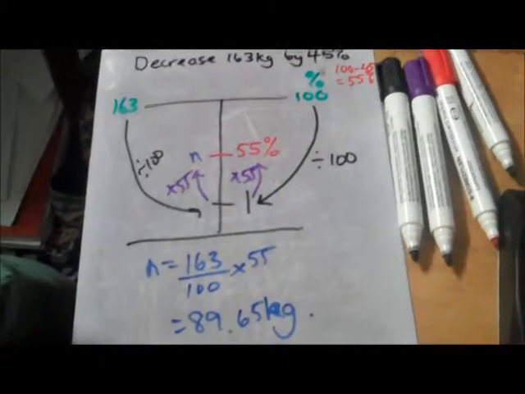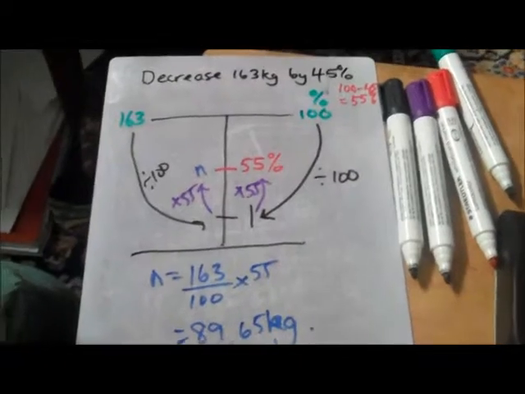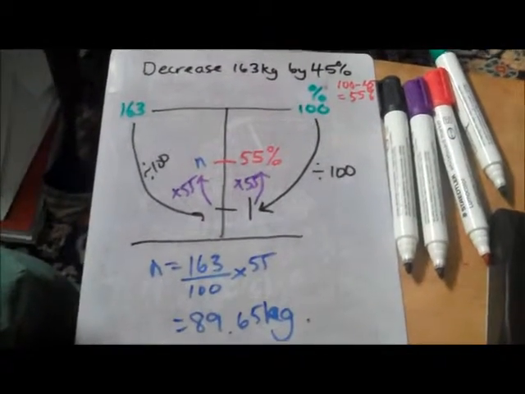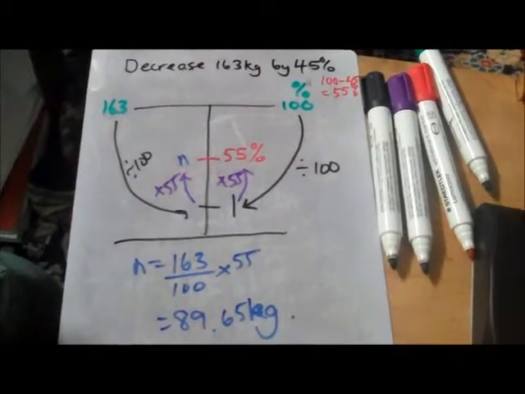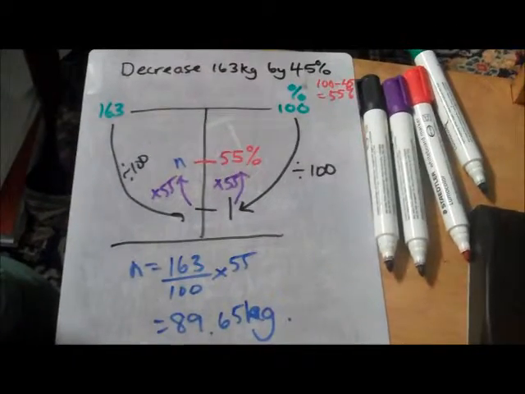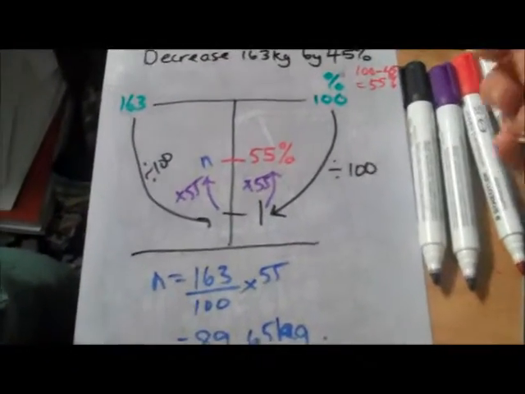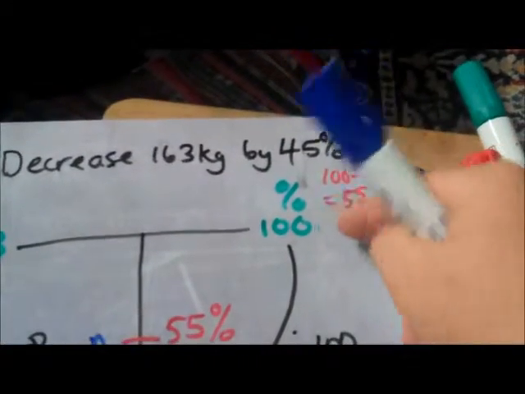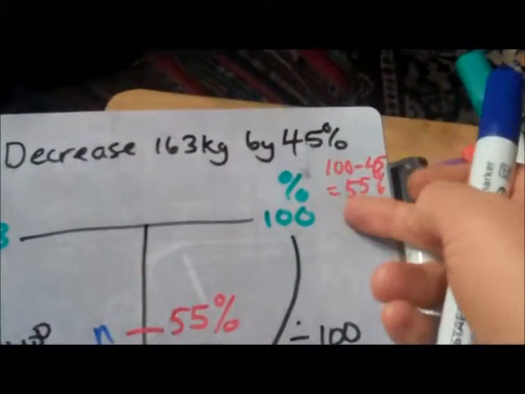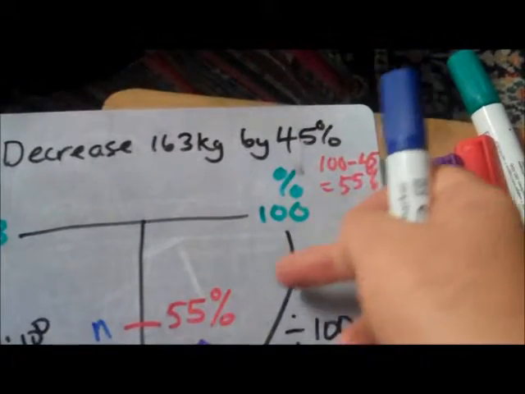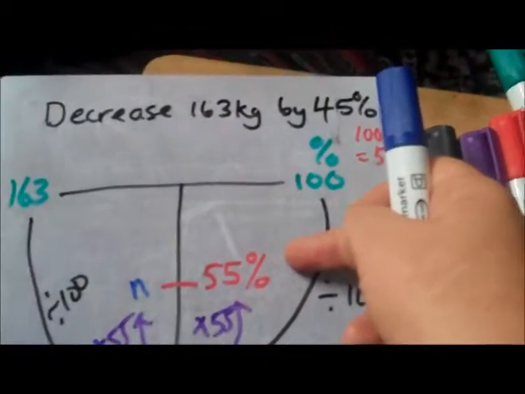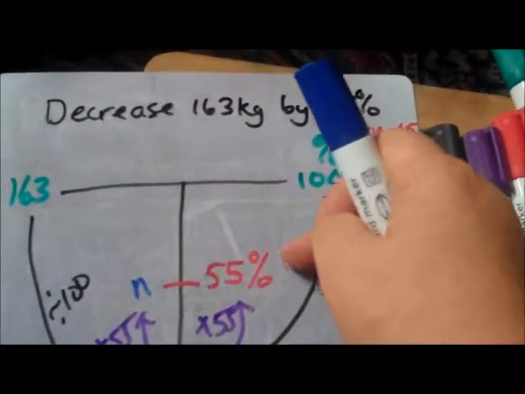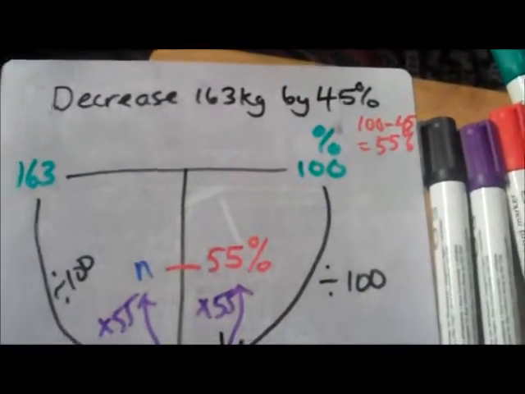So yeah, that answer is actually quite reasonable. So I hope you thought the double number line scaffolded that well, because it makes your thinking so much clearer. The only thing you need to remember is when you decrease by 45%, you're actually just asked to find 55% of the value. That's the trickiest part.